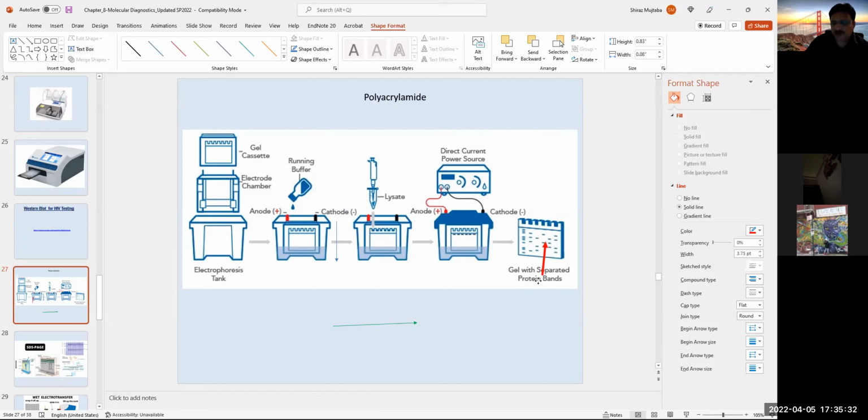Now you can question me, why not on the basis of charge? Because different proteins will have different charged amino acids. So the answer to this is that this system is called SDS-PAGE, polyacrylamide gel electrophoresis.